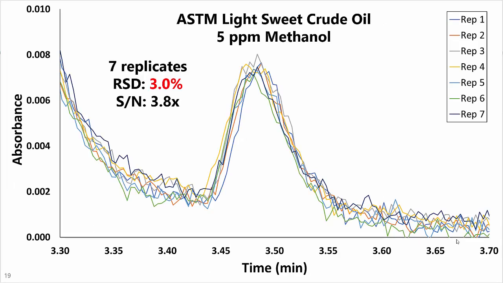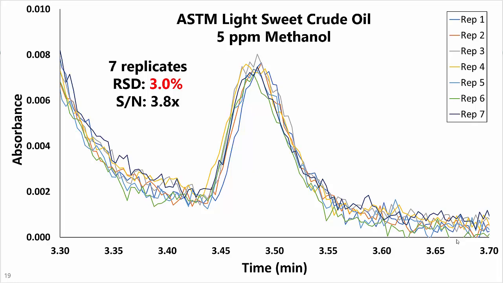So these next few slides are just going to highlight some of the RSD percents for replicates. This first one is the 5 ppm methanol, our lowest calibration point. And to give everyone an idea, this has a signal-to-noise ratio of about 4. This is approaching our method detection limits here.